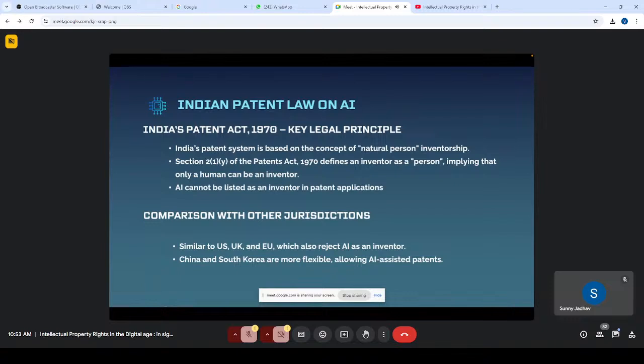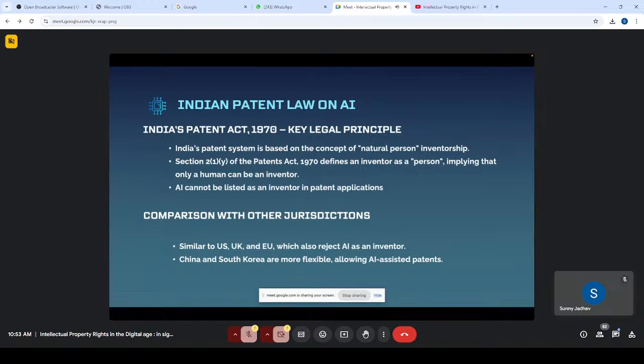So let's see what is India's take on AI. The Indian Patent Act 1970 has the key principles. It states that the patent has to be filed, or it is invented, by a natural person only. The concept of natural person inventorship is very much the foundational step.